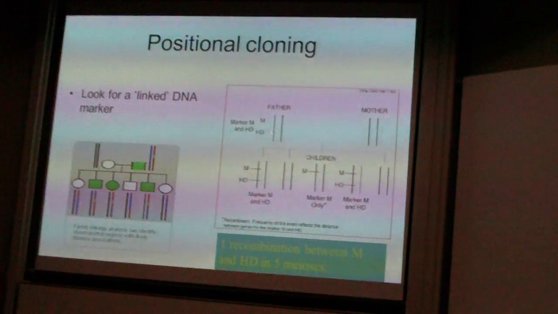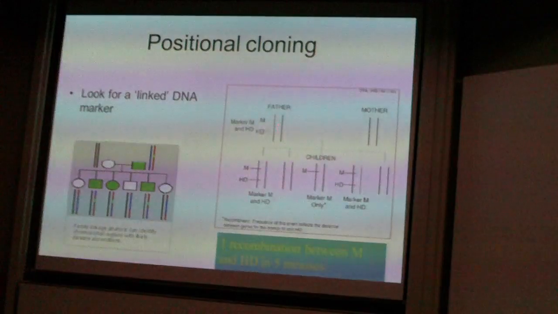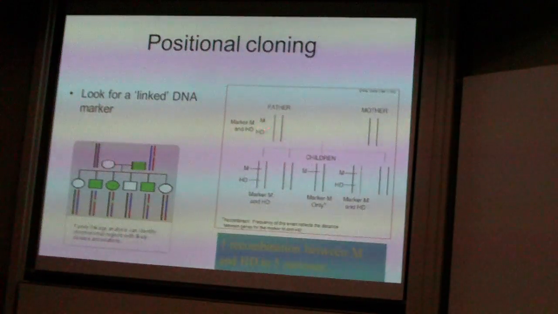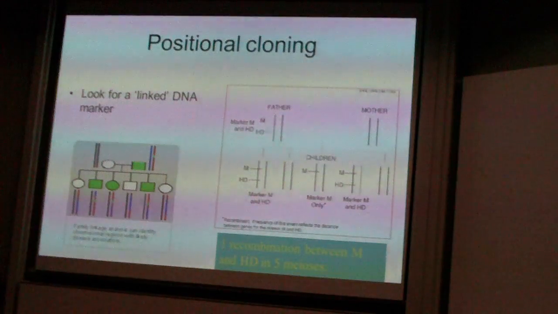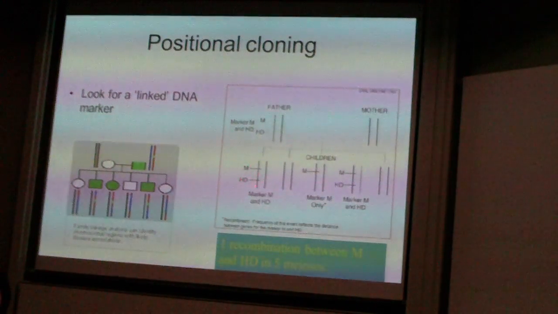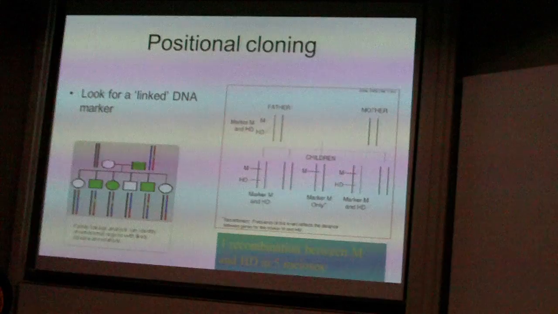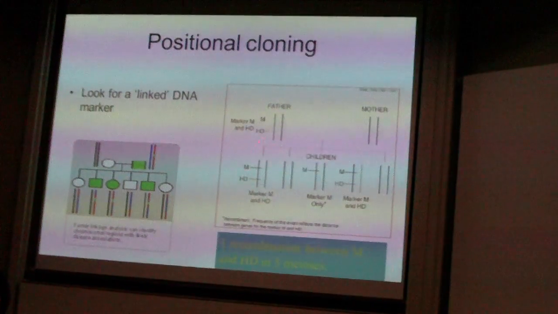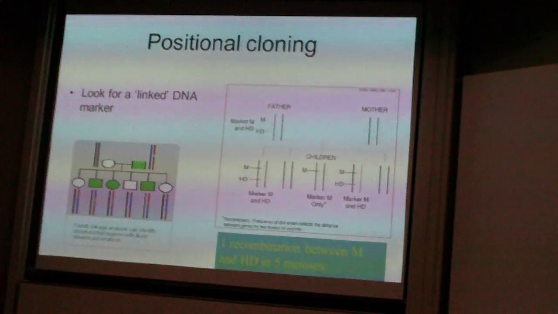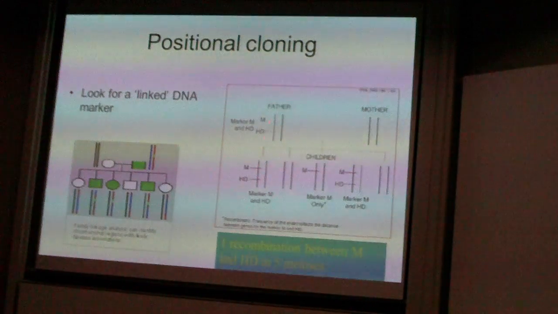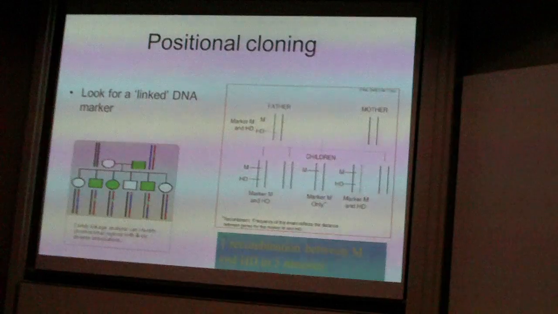Let's say this is the disease gene, and this disease gene is close to this marker on this chromosome. And as you can see here, in this case, this sibling, the son or daughter from this father, has also received the same chromosome. So he or she has the disease gene, but also this particular marker, which is close to that disease gene.